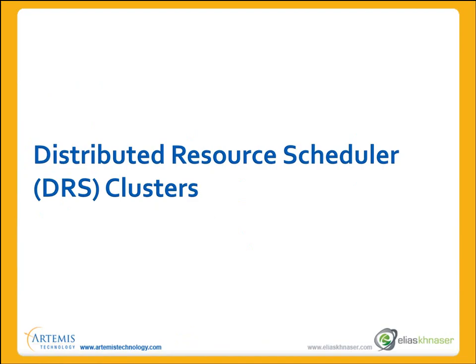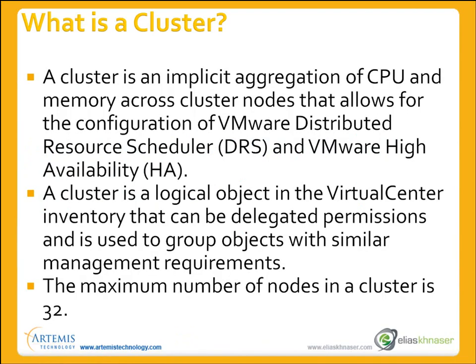Distributed Resource Scheduler, DRS clusters. So let's start off by talking a little bit about what is a cluster. A cluster, by definition, is an implicit aggregation of CPU and memory across different cluster nodes.